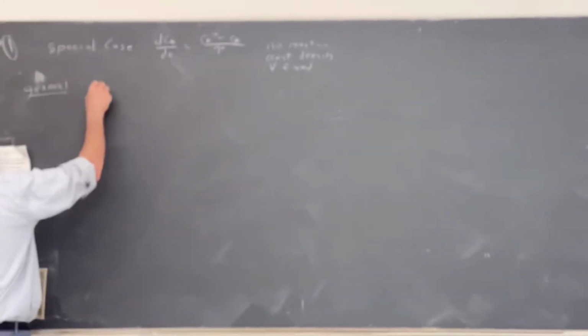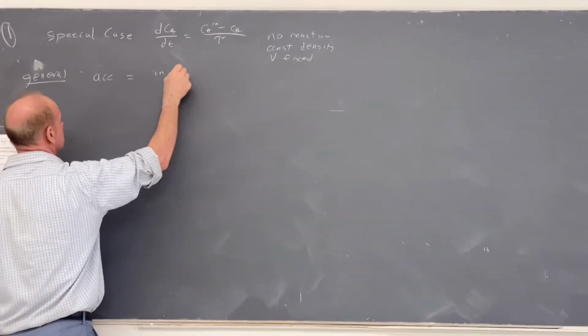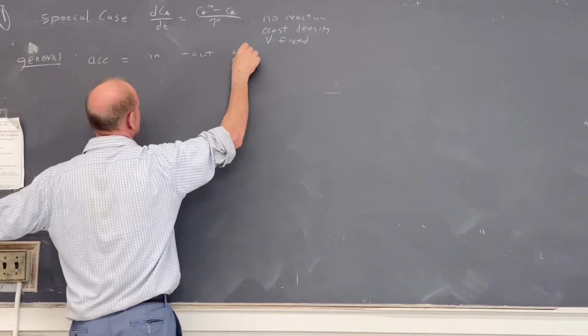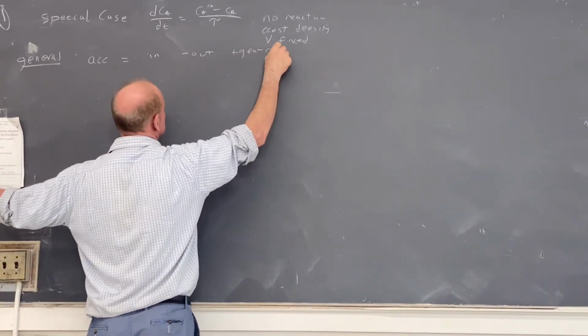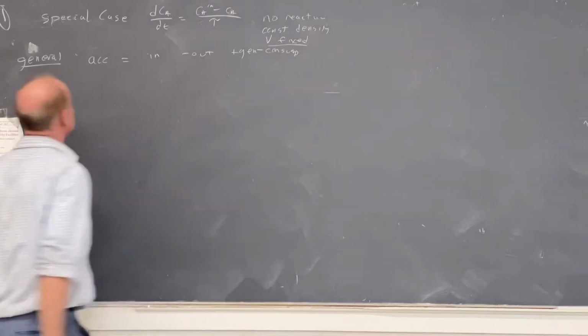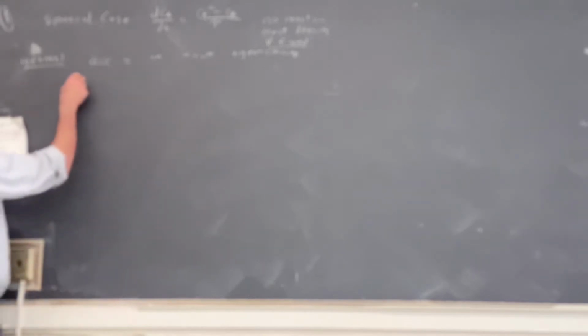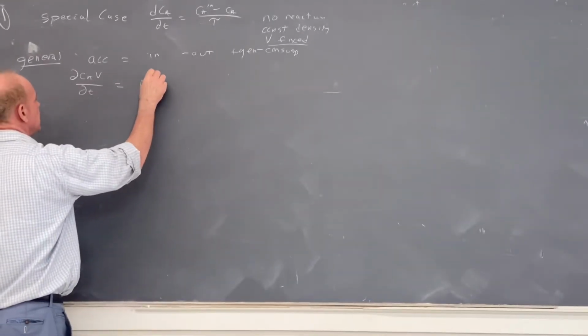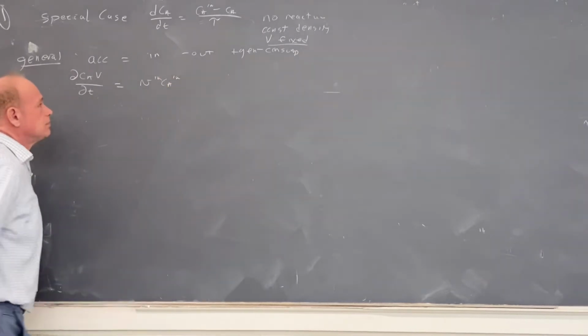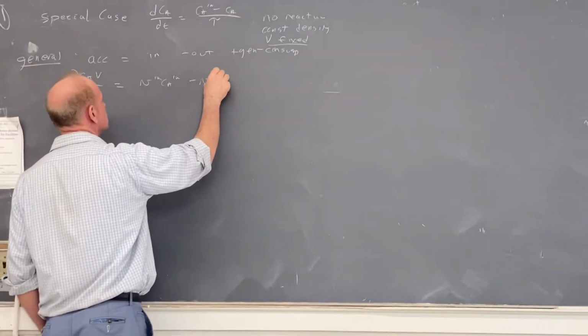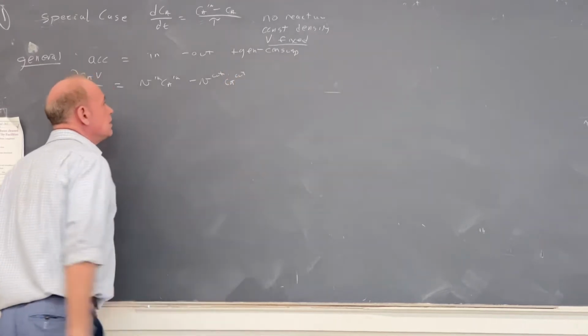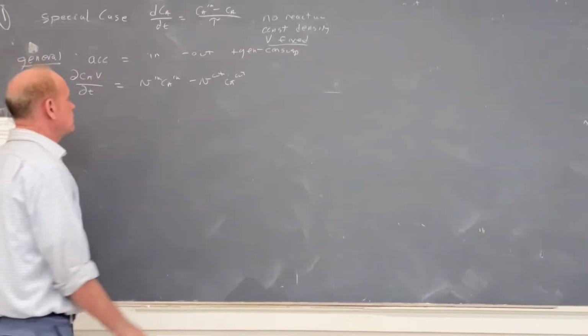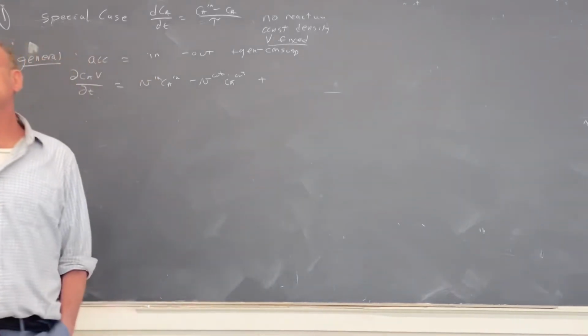So again, I've got accumulation is equal to in minus out plus generation minus consumption. And so the accumulation, we said, is d(CA V)/dt, just as it was before. And the in is V_in CA_in, just like before. The out is V_out CA_out. And the generation and consumption is due to reaction.